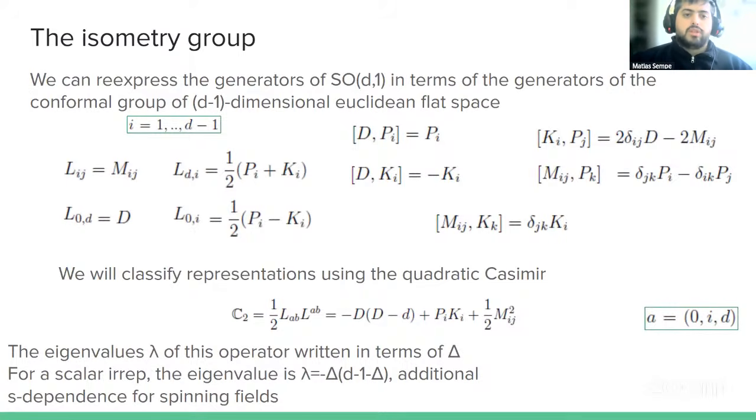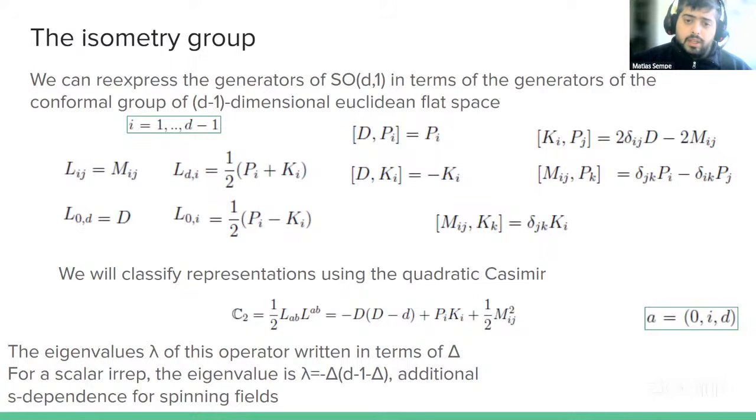So let's talk a little bit about the isometry group. The isometry group is SO(D,1). This SO(D,1) can be written as generators of the conformal group of (D-1)-dimensional Euclidean flat space.